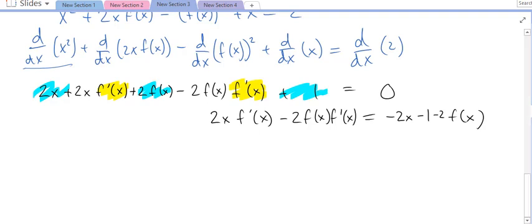Now, on the left here, both of these have an f prime of x, so we can factor that out. And we will have 2x minus 2f of x, quantity times f prime of x.